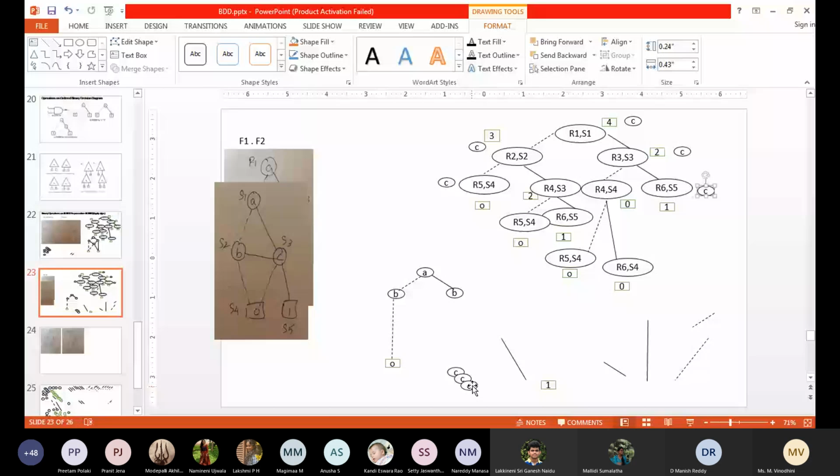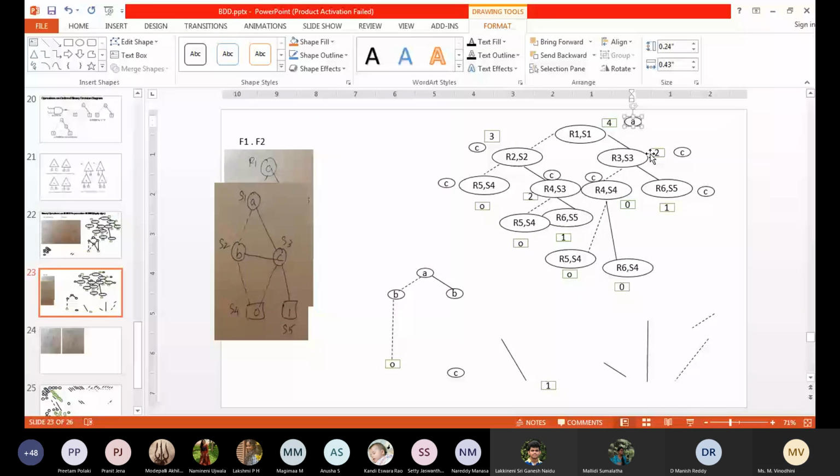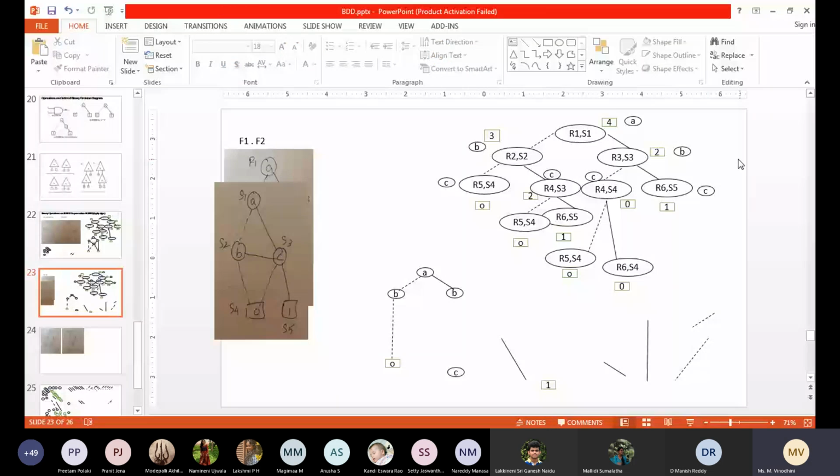Let me tell you. So first this will be your A. Next level we have these two, so this will be B. Then these 4 are in the next level, so C, C, C, C. So now this C and 0, 0, this is also 0. So completely I will remove it, make it 0.